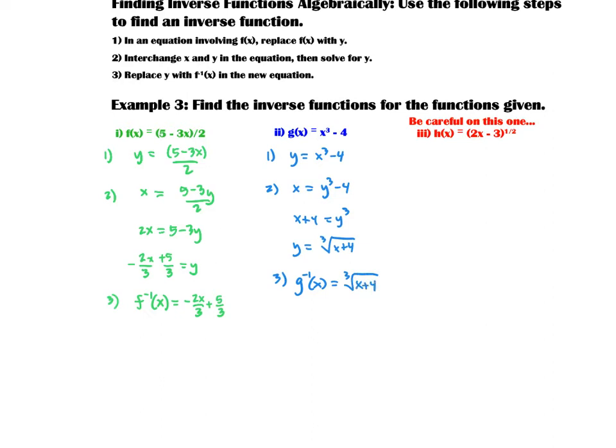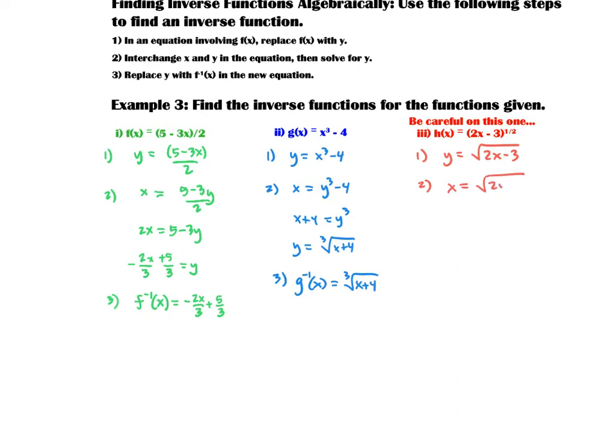Okay, now the third one I've said to be careful, and I'll expose why in just a minute. But I'm going to do all the steps as I did in the previous two. Step 1, y equals the square root of 2x minus 3. Excuse the 1/2 power notation. Again, my computer is being funky. Okay, I'm going to swap x and y.